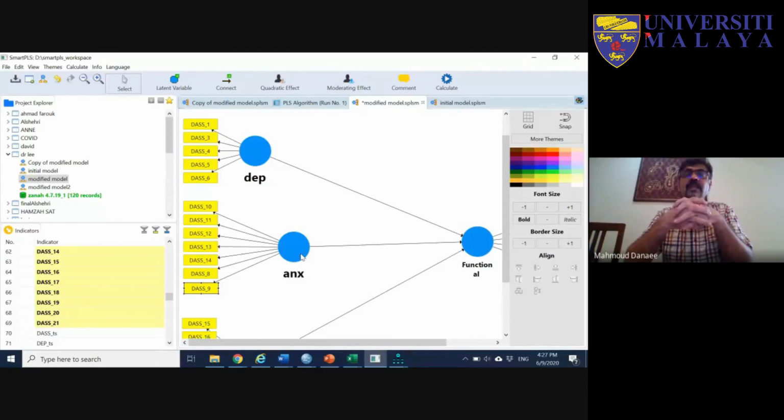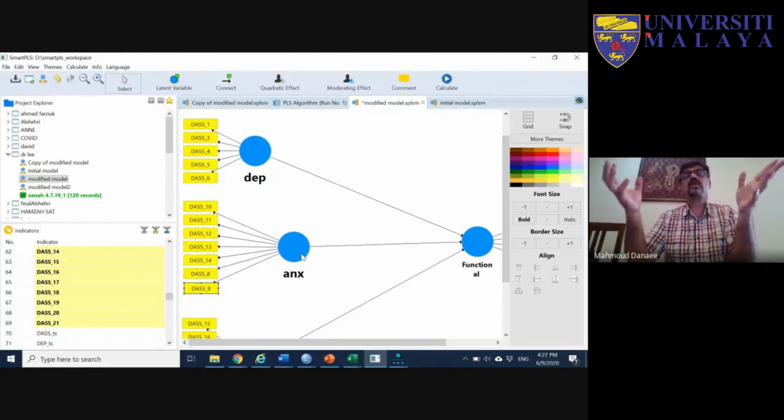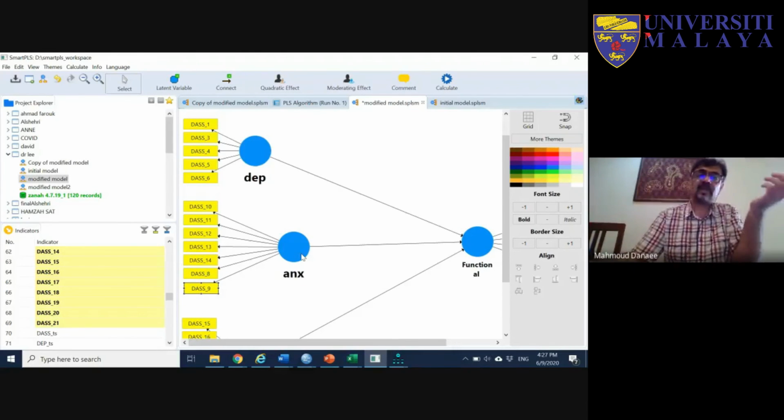It is a complicated analysis and an advanced method, so it cannot be covered within a 2 or 3 hour workshop or talk. The main target of this talk is to introduce what exactly you need to do when you are dealing with questionnaire adaptation, development, or adoption.